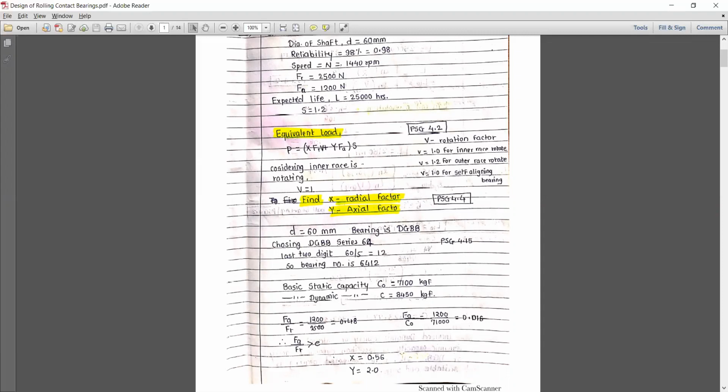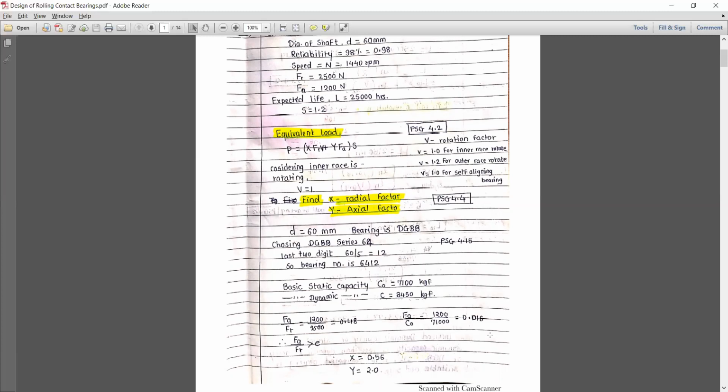Now in PSG they haven't considered the rotational factor V, but in our design we have considered that factor because it plays an important role: which race is rotating. While selecting, we need to understand which race is rotating.